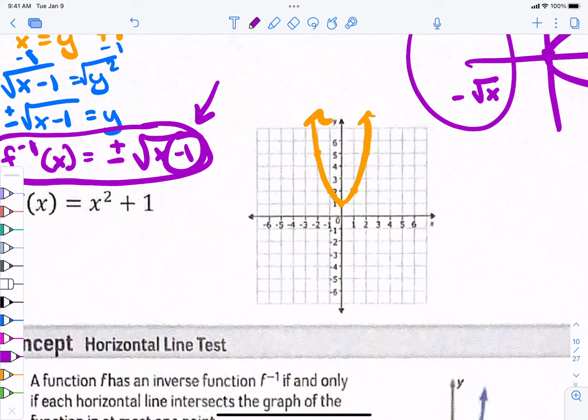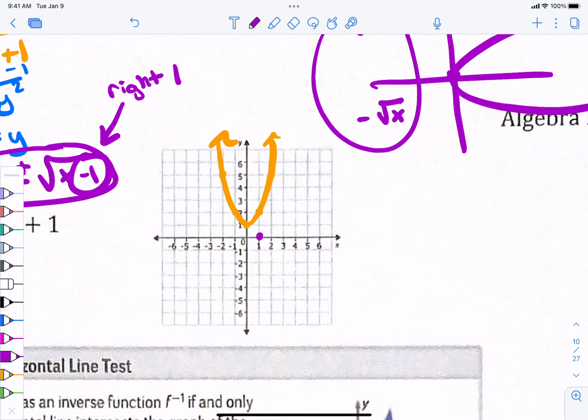The right should be positive, but since it's inside of the parentheses, it actually goes the opposite way. You'd think minus 1 should be left, but it's actually to the right. Does that make sense? Right 1. So we're starting at 1. Okay, anyway, to the right 1, we go over 1, up 1, over 4, up 2. He looks like this, something like that, right?